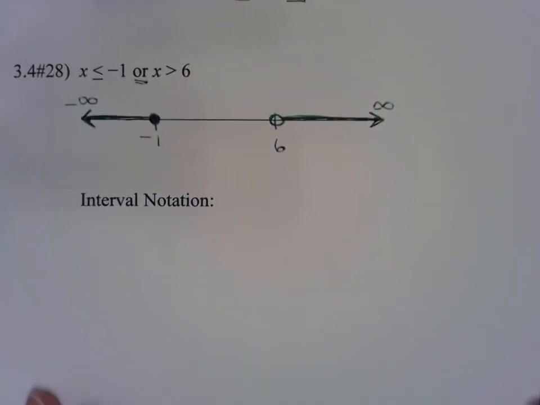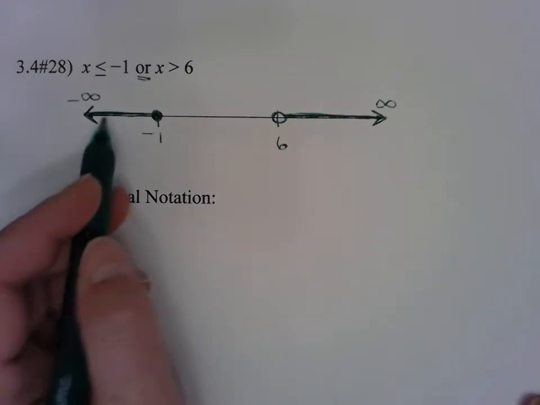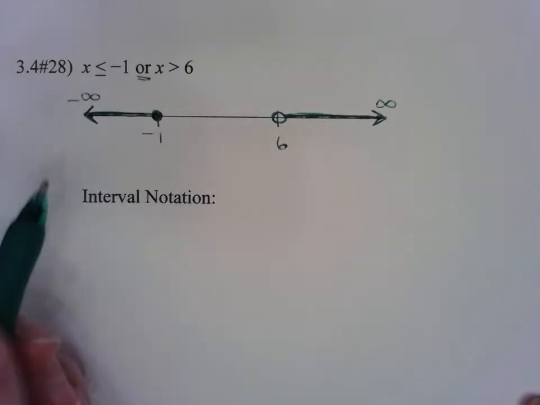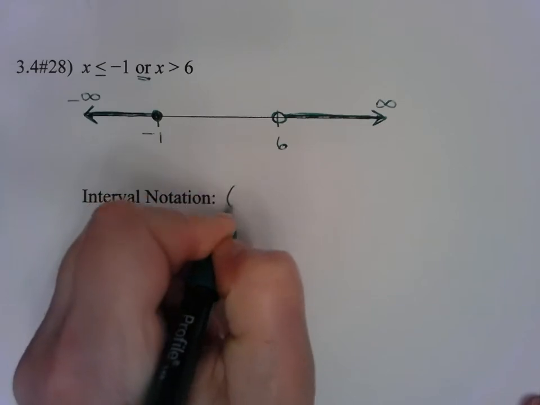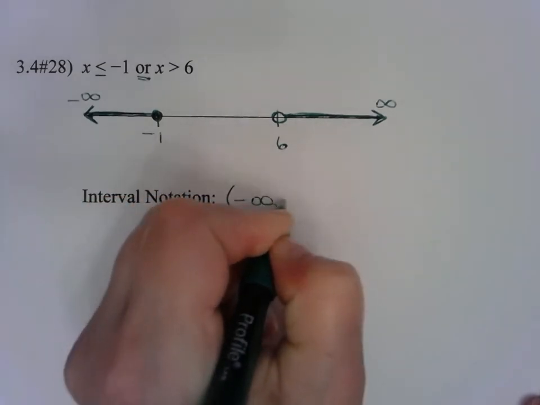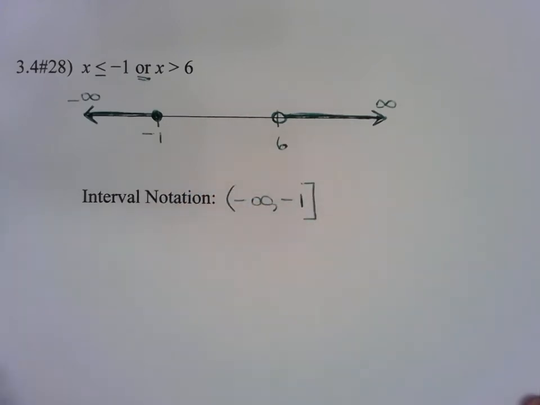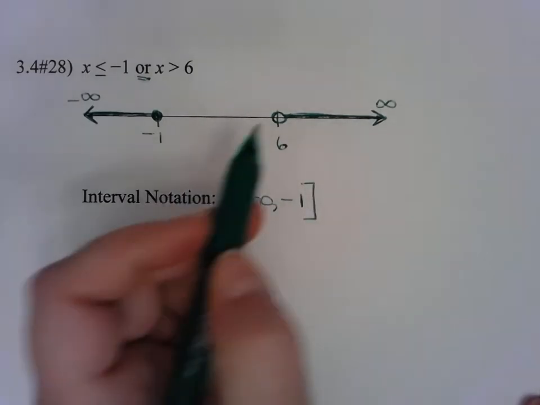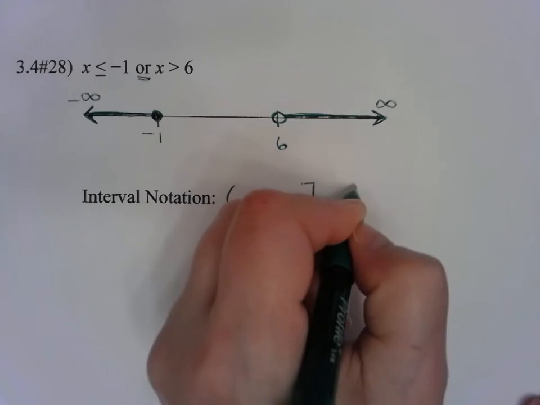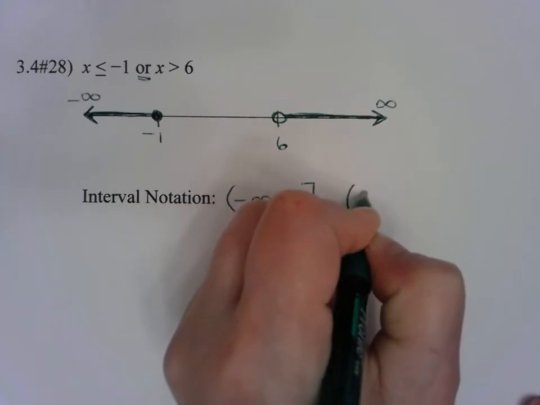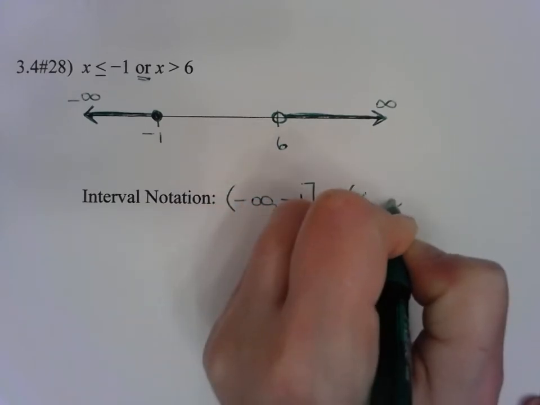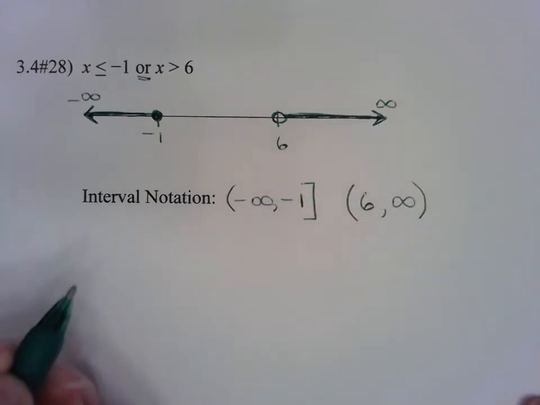The way we write them in interval notation is just to write each piece separately. So the first piece goes from -infinity up to -1. -1 is included, so that's square bracket. And then for the second piece, we have the open circle there, so round parentheses from 6 up to infinity.